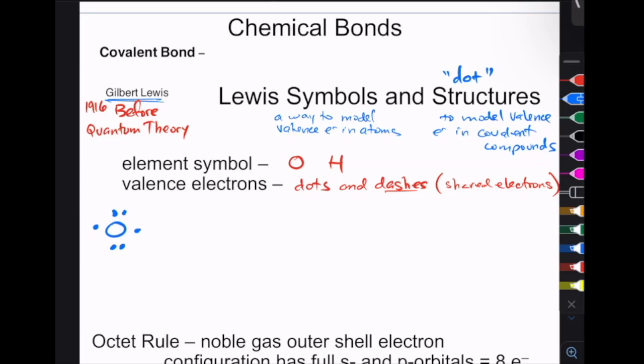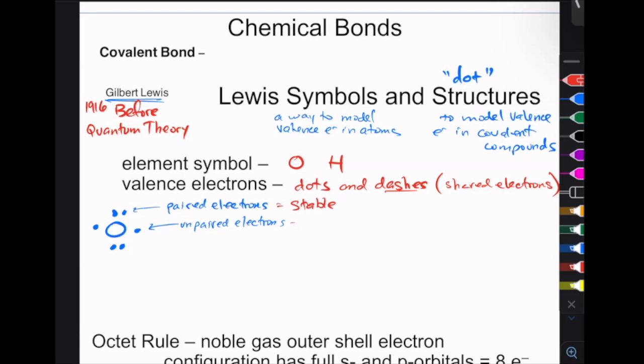Now with Lewis's system, we've got either paired electrons, and you can see them right here, there's a pair of electrons, and we have unpaired electrons. And here's an unpaired electron. Paired electrons are very, very stable, and I've mentioned this to you before.